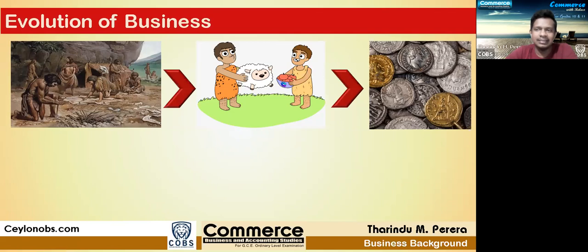After using coins and notes, man became very busy. So man couldn't produce goods and services by hand or manually. So they started to use machineries to produce goods and wants.